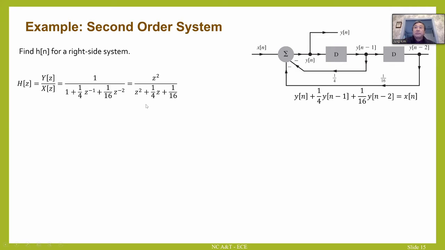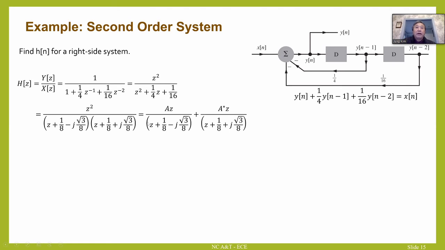Second order system is the same thing. So in this case, H of g we found in the previous example. Here we can make a factor, and now we're going to do partial fraction expansion. Don't apply partial expansion directly to H of g.